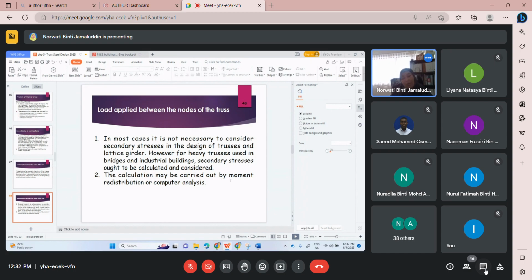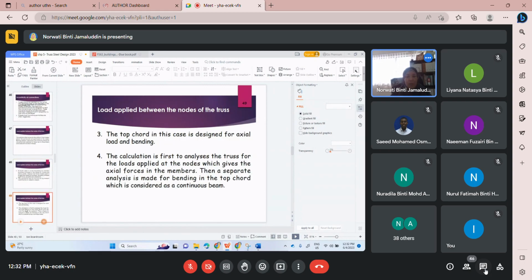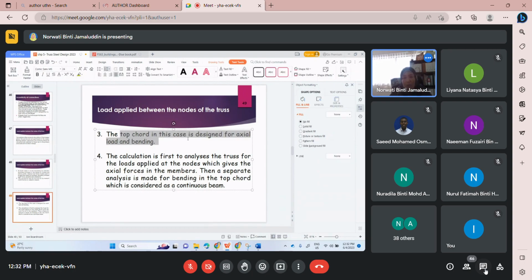Of course, you can do moment distribution manually or using computer software. Like I said, for the top chord where load is applied in between nodes, only the top chord will be designed to support axial force and bending. There's a procedure to analyze this case.